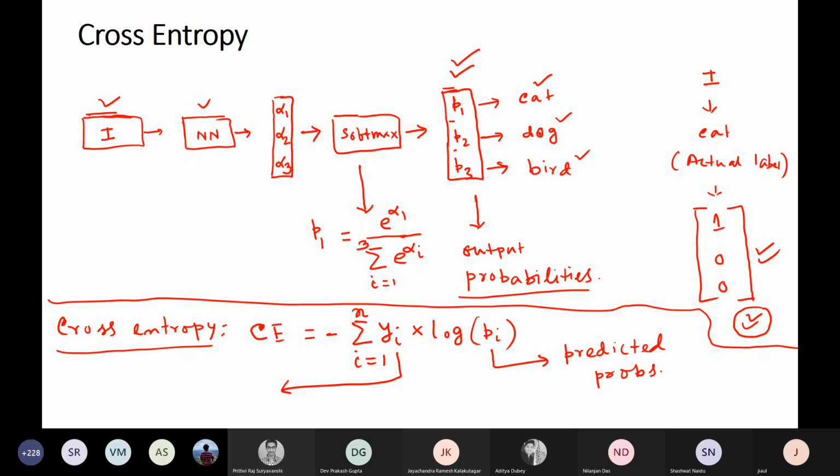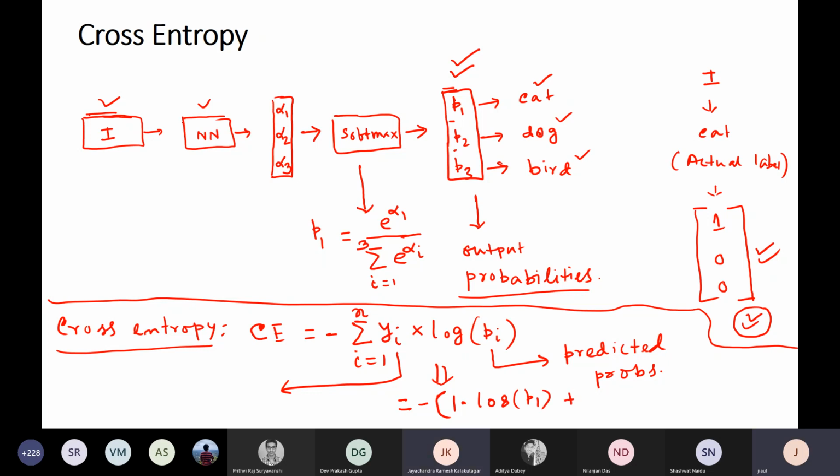Then you guys let me know, if I expand this whole thing for cat, what will be the values for i equals 1? 1 into log of P1, right?